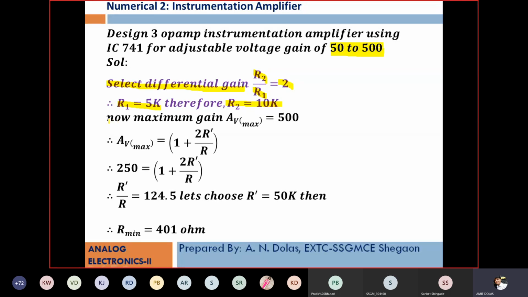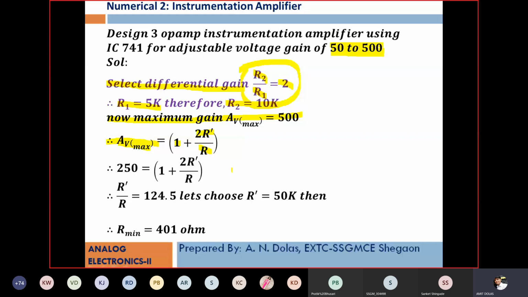Now the maximum gain given is 500, therefore AV max is 1 plus twice R dash divided by R. You know the complete formula is AV equals R2 by R1 into 1 plus twice R dash upon R. Out of this, we have chosen R2 by R1 equal to 2.